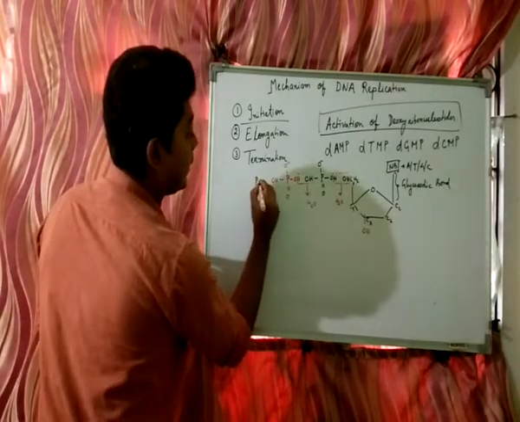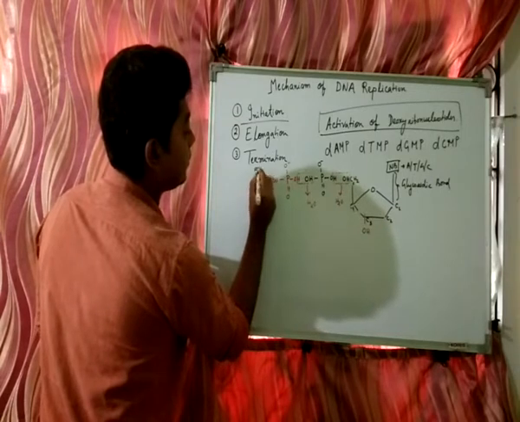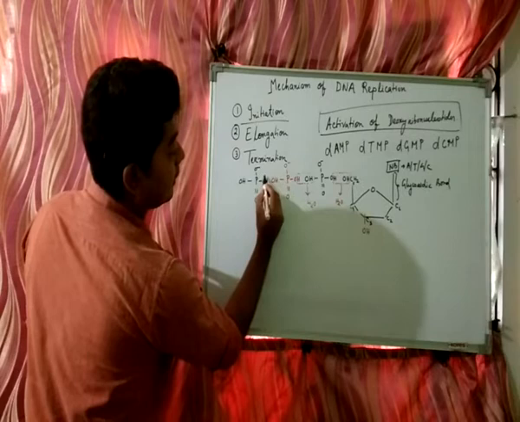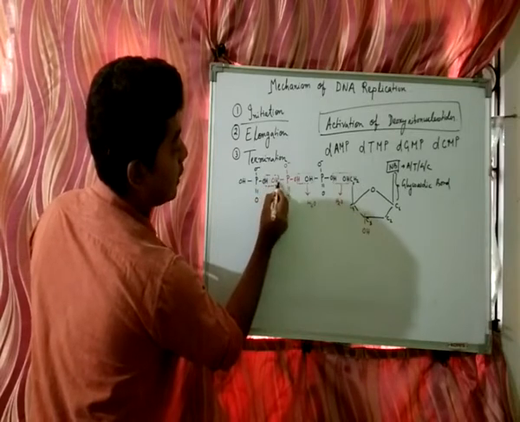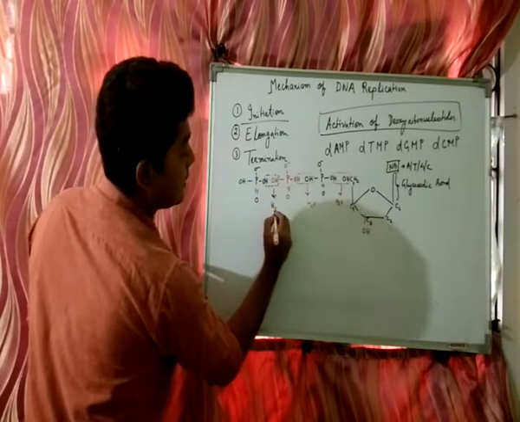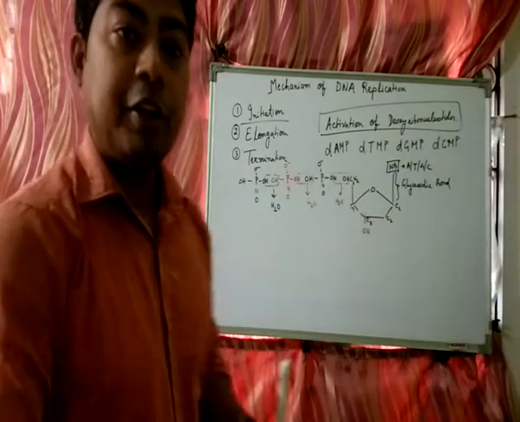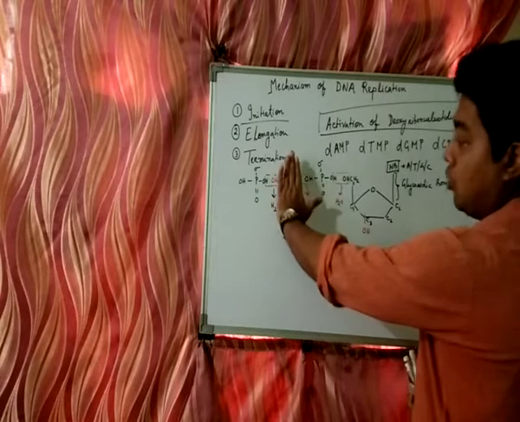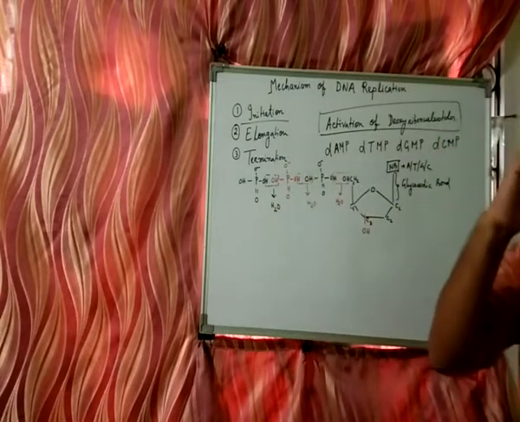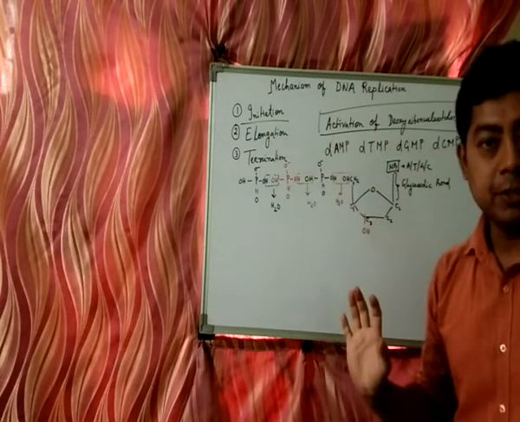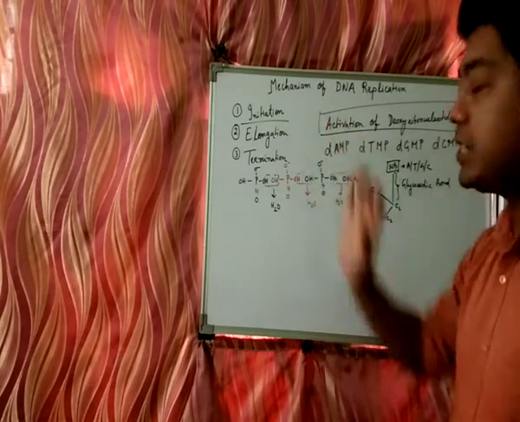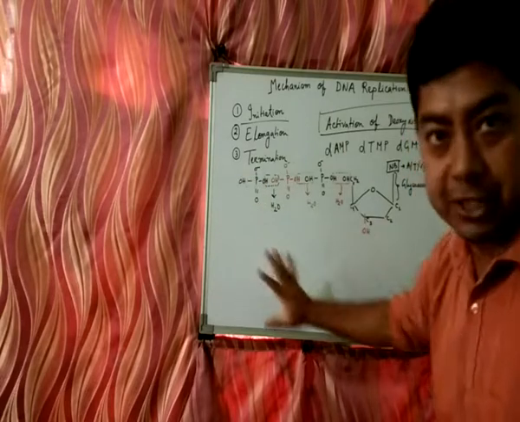And again the water molecule is released, so it becomes a triphosphate. Previously it was a monophosphate and another 2 phosphates are added. So this is the function of the enzyme phosphorylase, the addition of phosphate groups. Now it is activated.